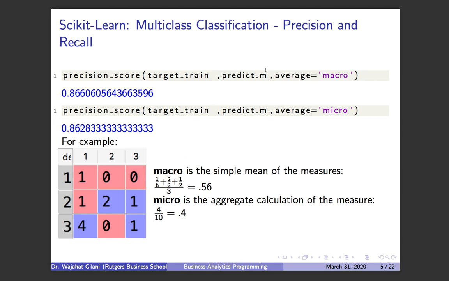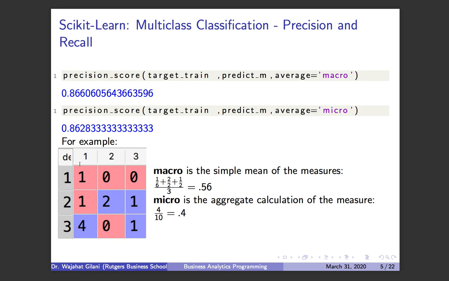So what does macro mean? Macro mean is basically, you take the precision, like this is a precision example going on right here. Let's say we have a 3x3 confusion matrix, so only 3 classes. Again, remember, when you have a confusion matrix, your rows are your actual answers, your columns are your predicted values, okay? So the precision for class 1 was going to be what?